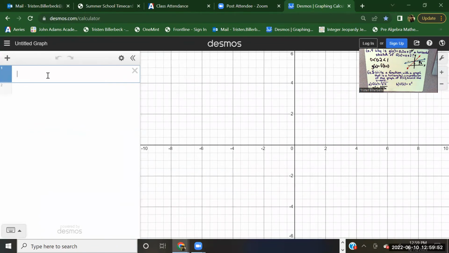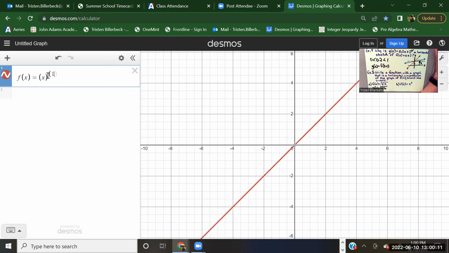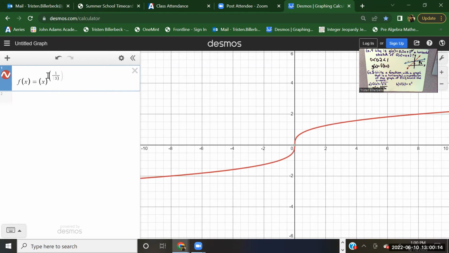All right, so let's put this in here. f(x) equals, now if you can't do the cube root, then what you can do is parentheses, x, and then a little 1/3, which is a cube root. There we go. Now it says we want the horizontal compression of the graph of f(x) toward the y-axis. So we want it up there.